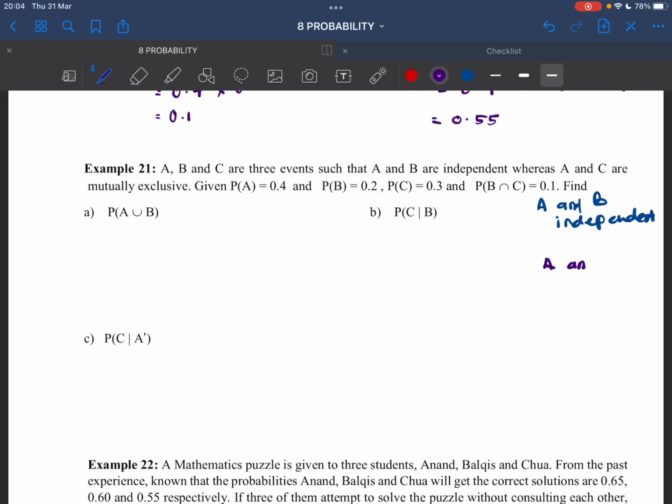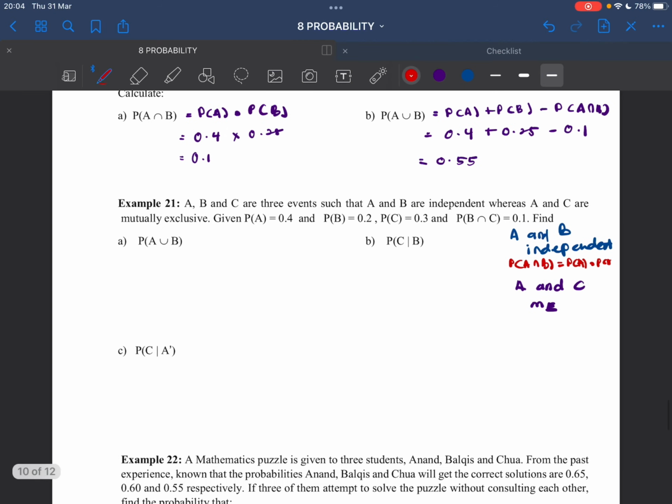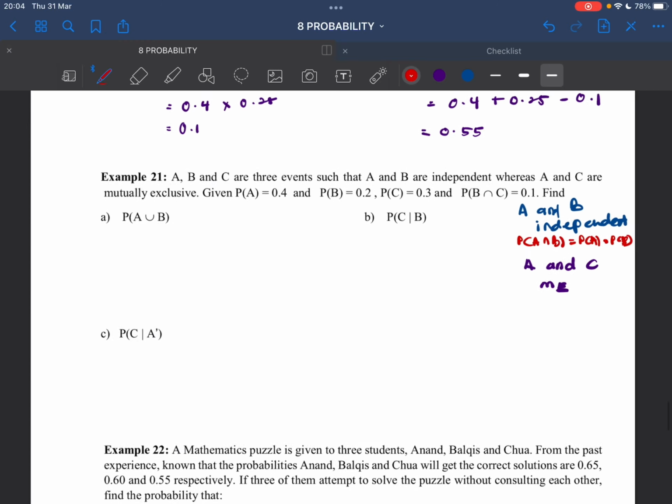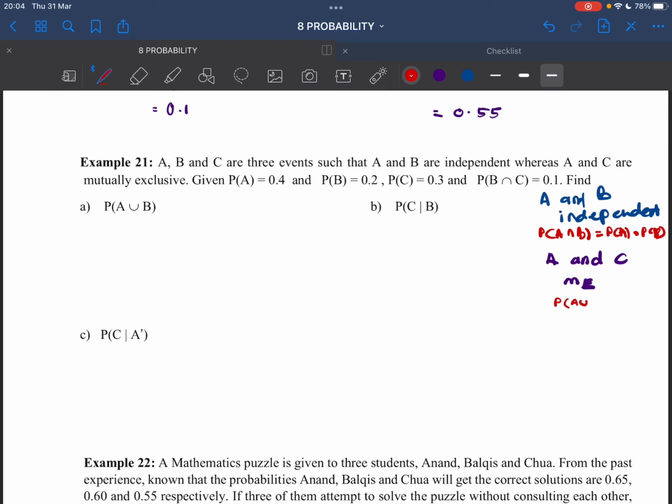From that info, what we know is P(A∩B) equals P(A) multiplied by P(B). Whereas for A and C, which are mutually exclusive, we have P(A∪C) equals P(A) plus P(C). So that is what we have.